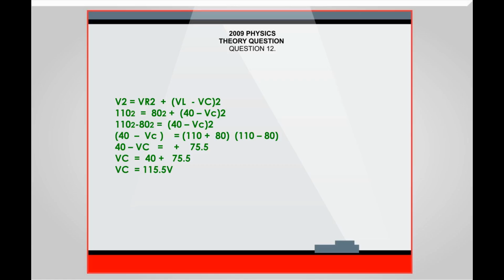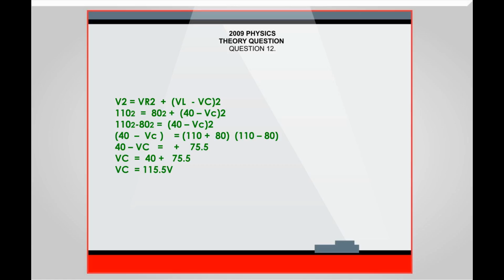V squared equals VR squared plus bracket VL minus VC squared. 110 squared equals 80 squared plus bracket 40 minus VC squared. 110 squared minus 80 squared equals bracket 40 minus VC squared. 40 minus VC equals square root of 110 plus 80 times 110 minus 80. 40 minus VC equals plus or minus 75.5.